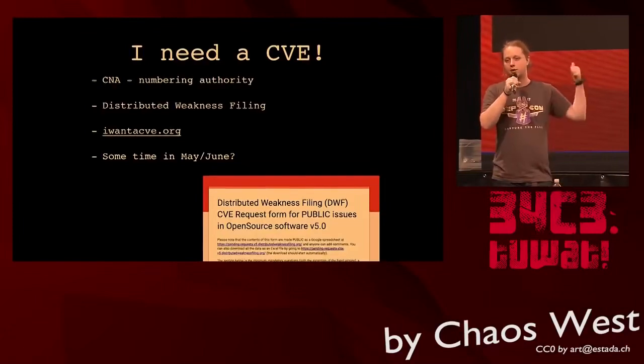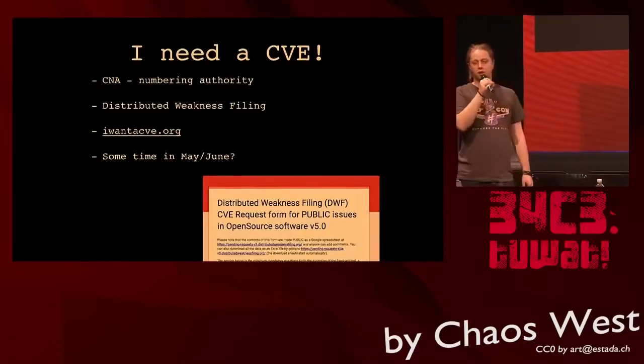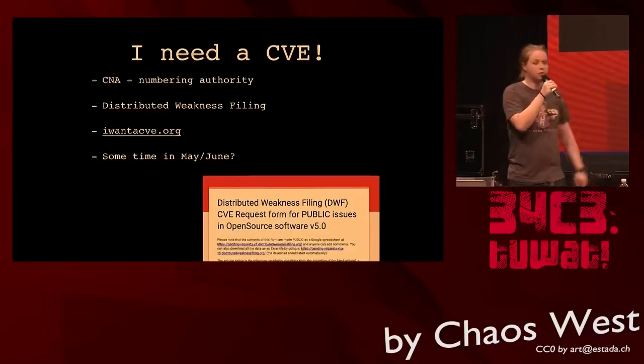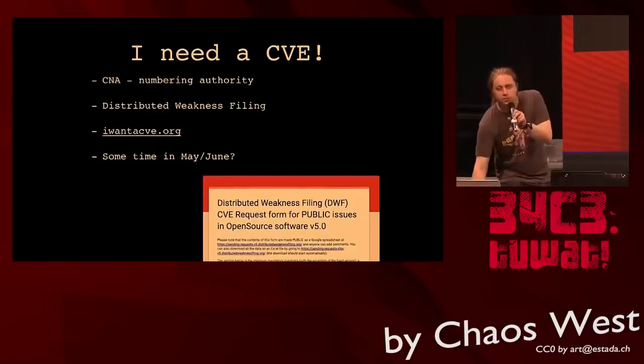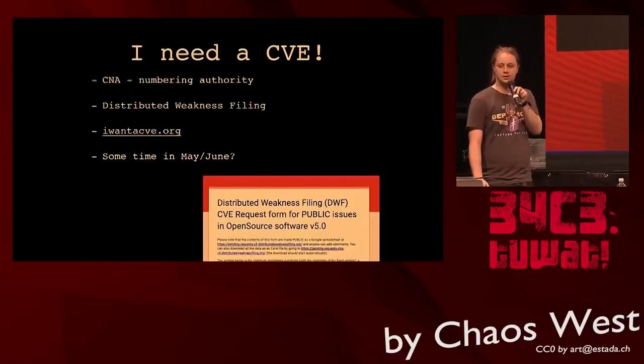That's the point of doing these. And sometime in May, June, unfortunately I don't remember exactly when, I filled out this Google Docs form, which is how to get a CVE for open source software. It seems like this is the only project that currently assigns CVE numbers for open source software.